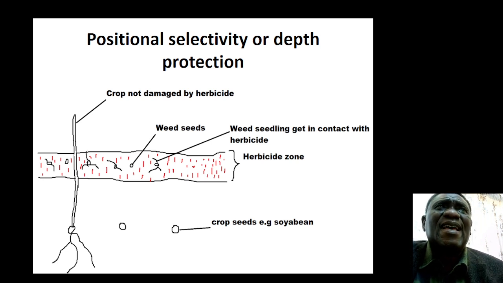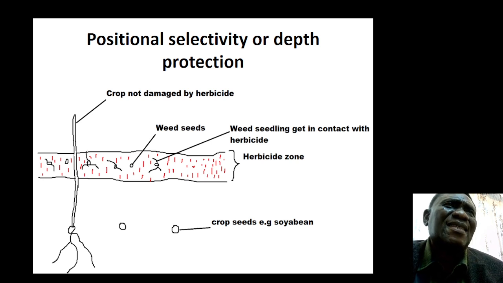In this case, we have got two examples of herbicides. Metribuzin, Sengo, that is the trade name. Or we can have pendimethalin or stomp used in maize.